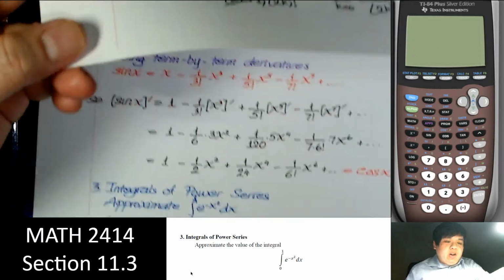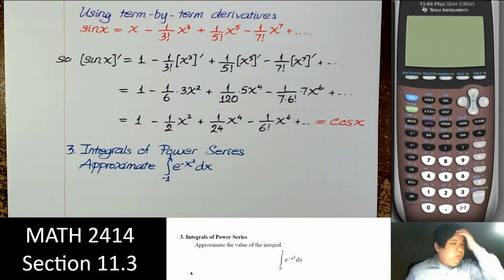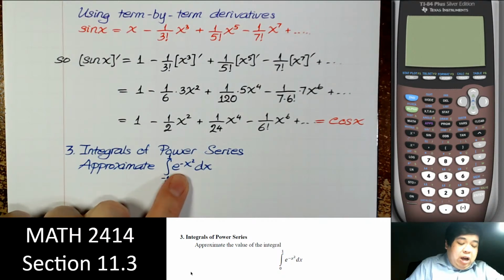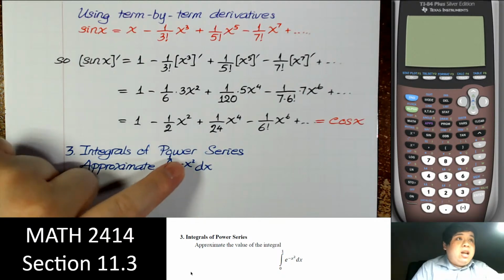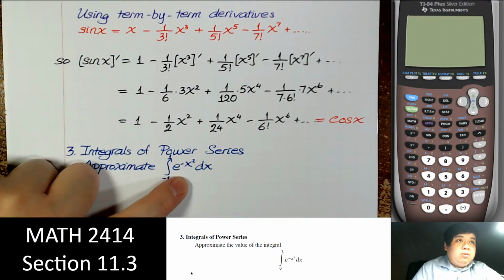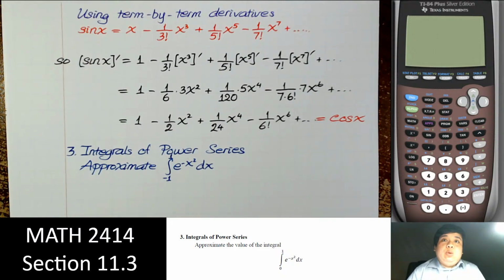I use this function a lot in engineering, and this example I will use a lot because this function cannot be integrated. By cannot integrate, I mean we cannot write this as some nice function. So the only way we do this is approximation. Let's see what the actual value is. We try to integrate that from -1 to 1.